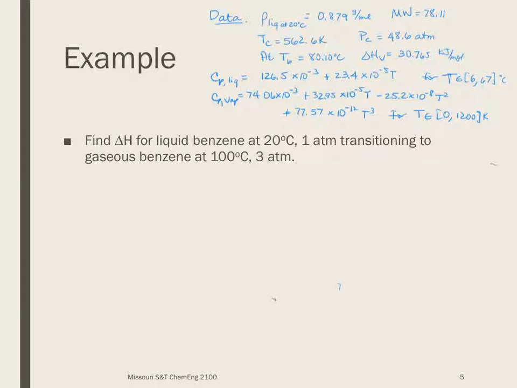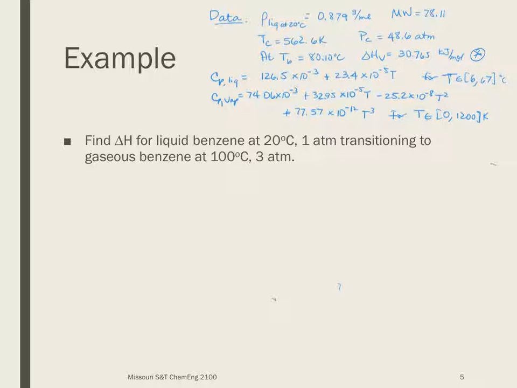Okay, so we have our data now. Some of the things that we need to note is that I have a heat of vaporization value given. It's at 80 degrees C. And I have C sub P for liquid benzene, but it is only valid up to 67 degrees C. So this is going to cause an issue for me, because I need to use the C sub P. I could try extending the range, but if they give you a very specific number, there's probably a really strong reason why they did that.